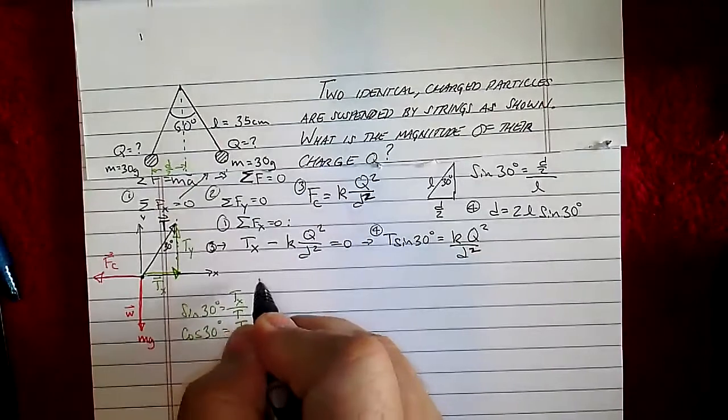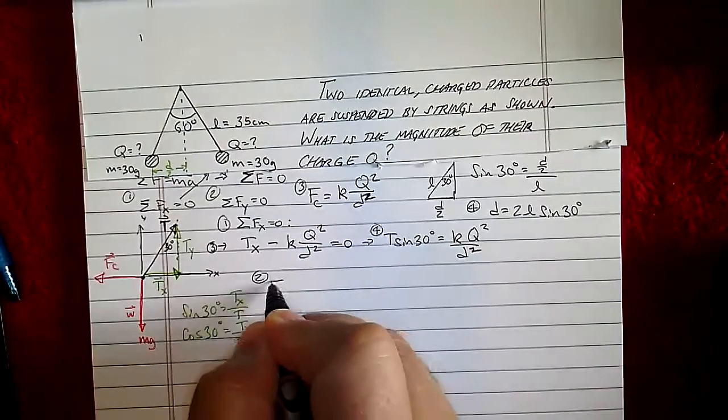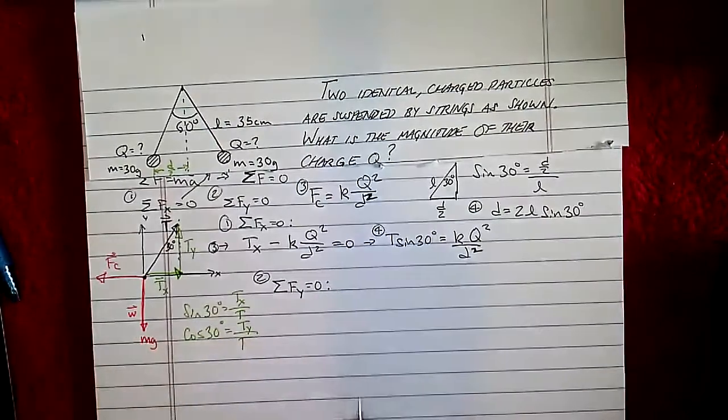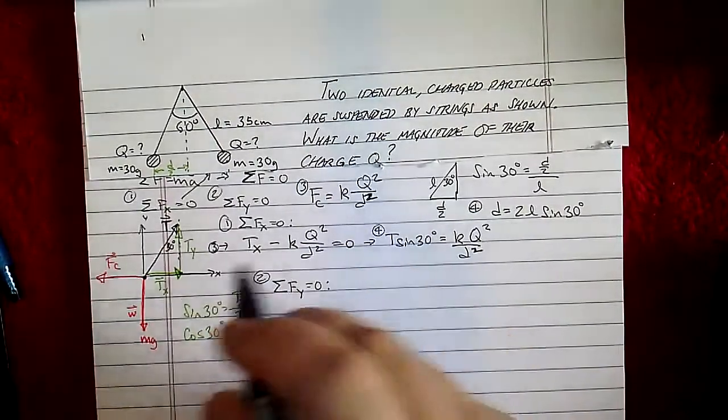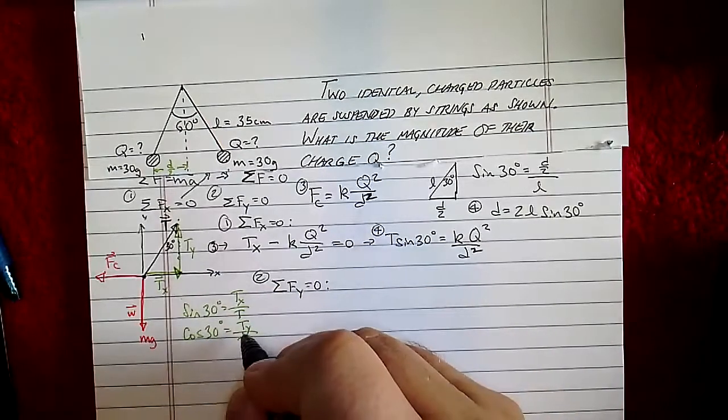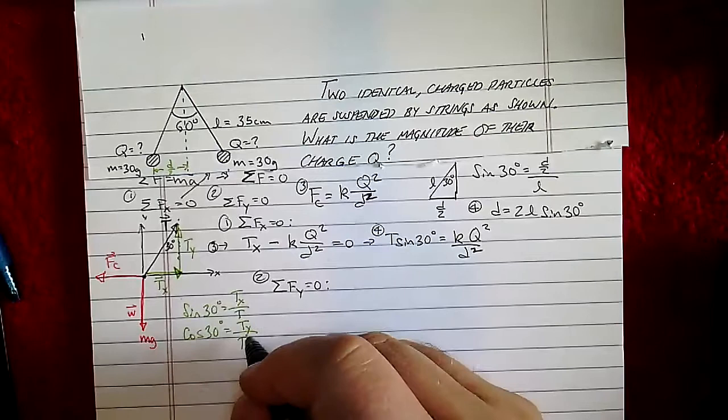Now using equation 2, that's the summation of the forces in the y direction equal to 0. In that case, the y direction is only Ty and mg, but Ty, of course, is T times cosine 30.